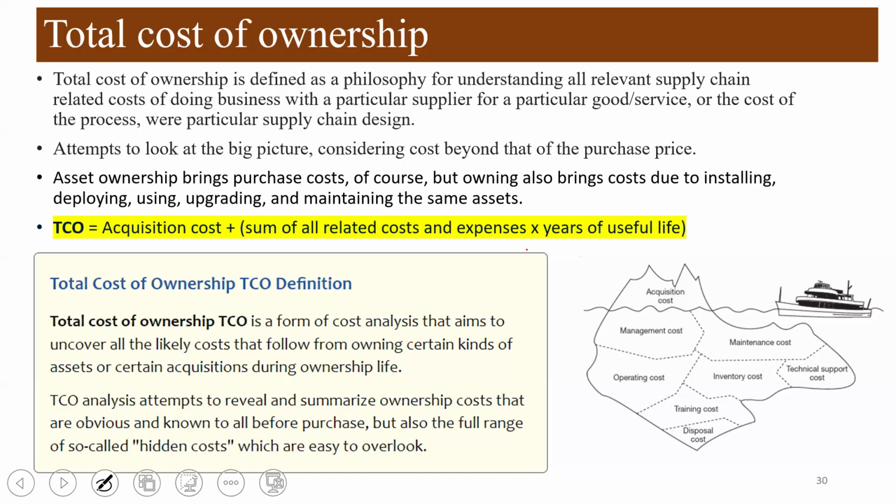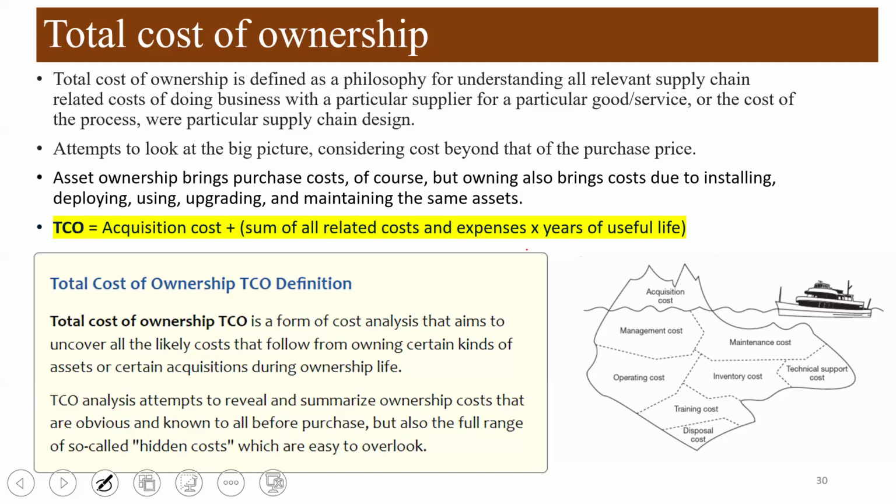In which perspective, customer side or supply side? No, this is total cost, not only the customer. Okay, sir. So everything is included in this. Not only the customer, total ownership means total. It is more similar to life cycle cost. Okay.